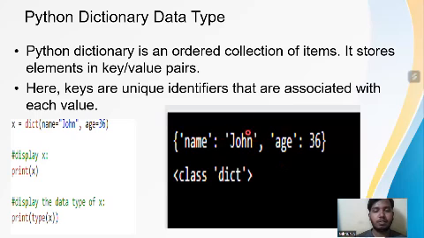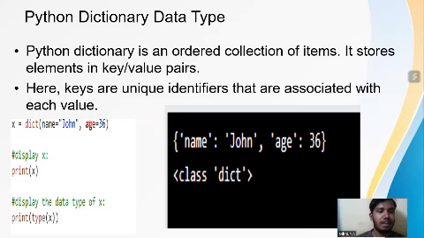Here we have a string value, and here we have an integer value. Keys are unique identifiers. A dictionary is enclosed by curly brackets, and here we can see the output. The variable dict is given with name as a key and John as a value.